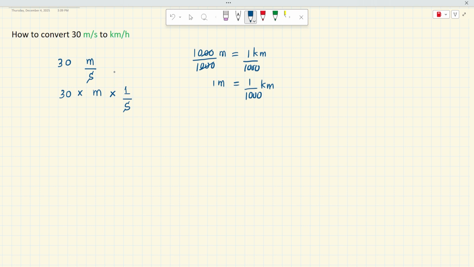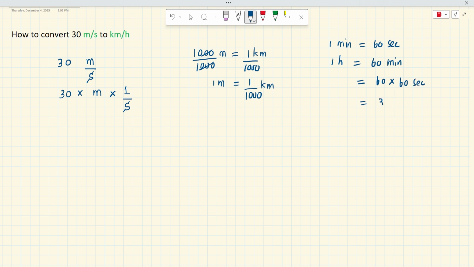Then we have to convert seconds to hours. We know 1 minute equals 60 seconds. 1 hour equals 60 minutes. Then 1 hour can be written as 60 times 60 seconds.